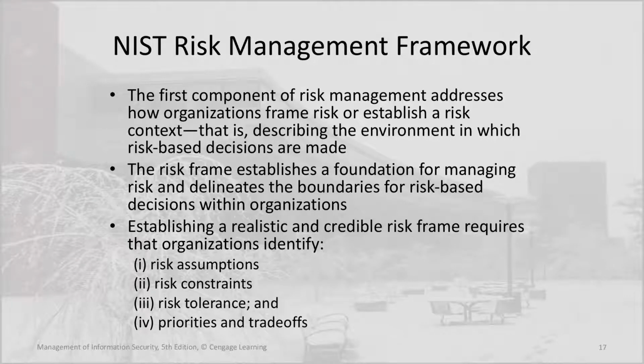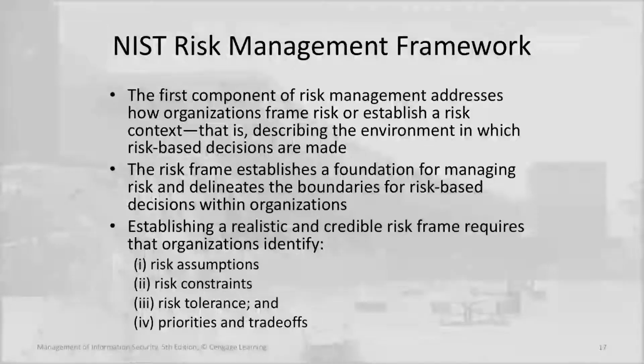The risk frame establishes a foundation for managing risk and delineates the boundaries for risk-based decisions within organizations. Establishing a realistic and credible risk frame requires that organizations identify risk assumptions, risk constraints, risk tolerance, and priorities and trade-offs.